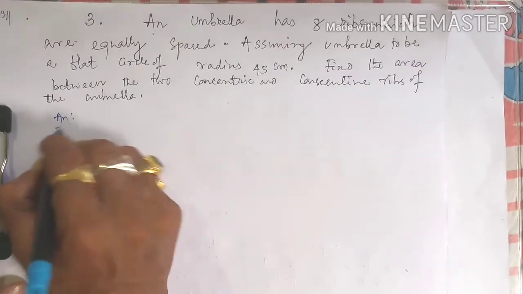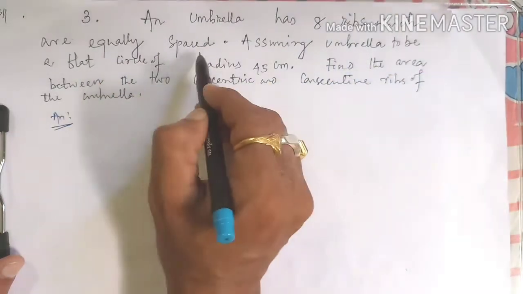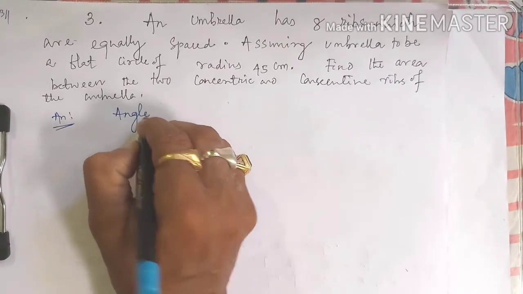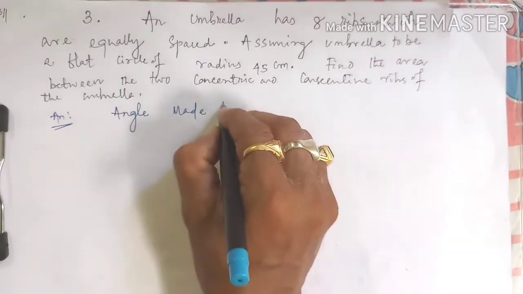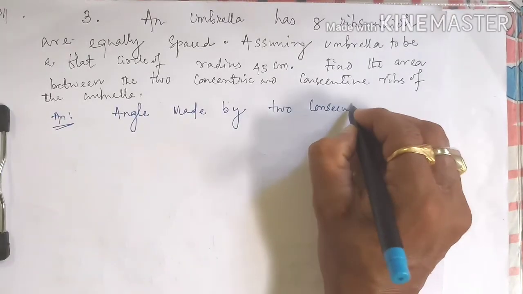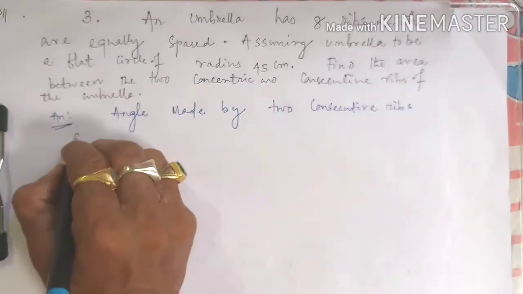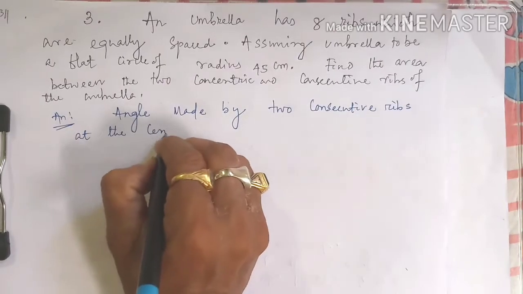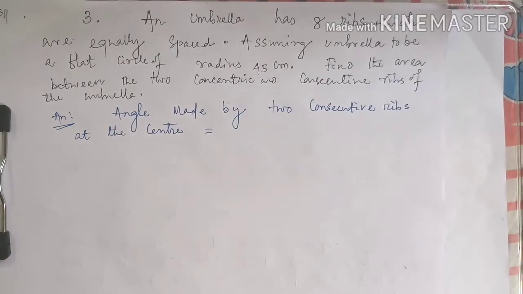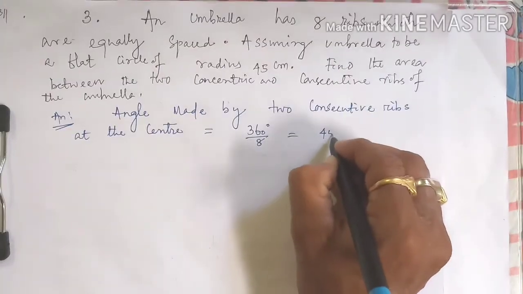So see students, since ribs are equally spaced, therefore the angle made by two consecutive ribs at the center is equal to 360 degree divided by 8, which is equal to 45 degree.